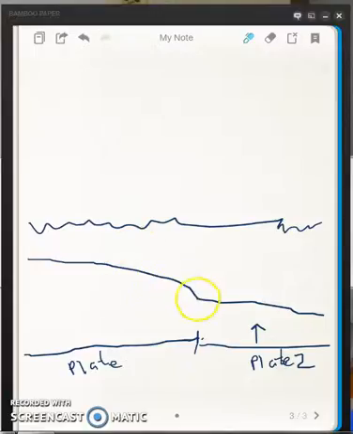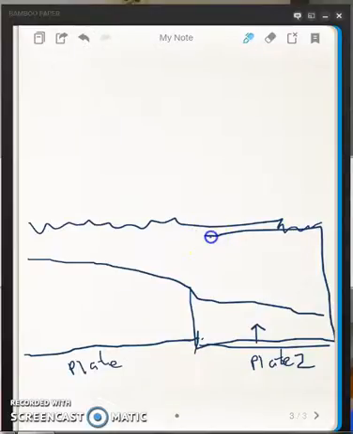So the first thing you should notice is that because this disturbance is caused by a plate as opposed to wind, we're getting a much larger volume of water disturbance. So all this water is being shifted up.